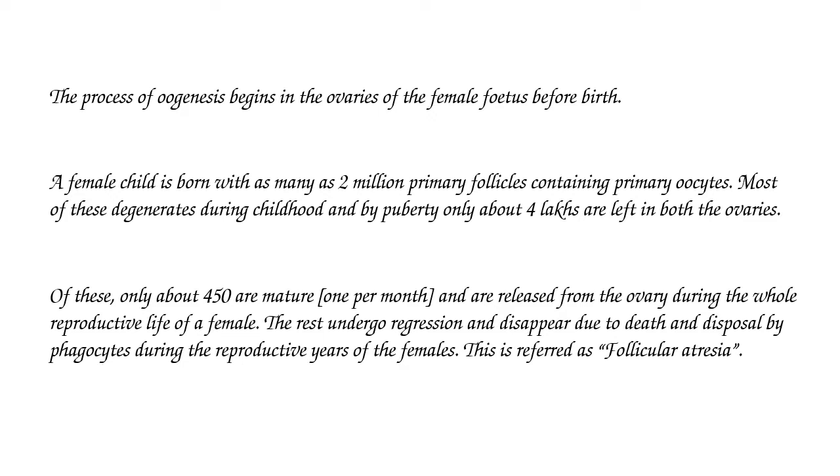The rest of the primary follicles undergo regression and disappear due to death and disposal by phagocytes during the reproductive years of the female. This is referred to as follicular atresia.